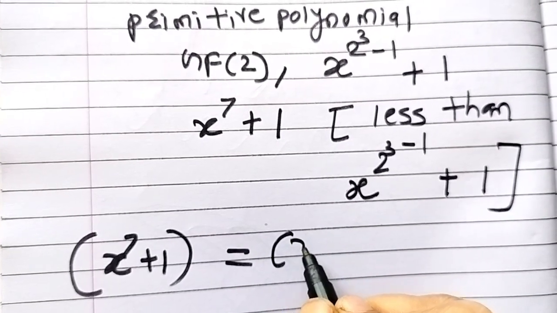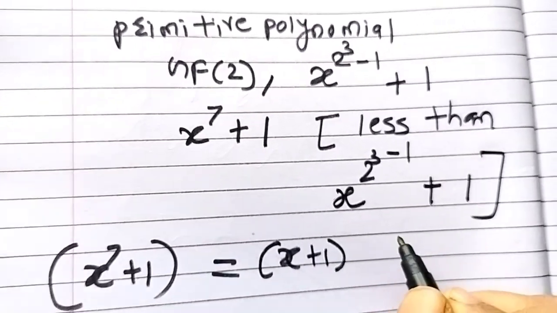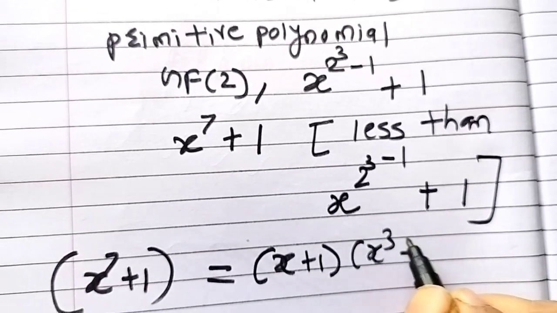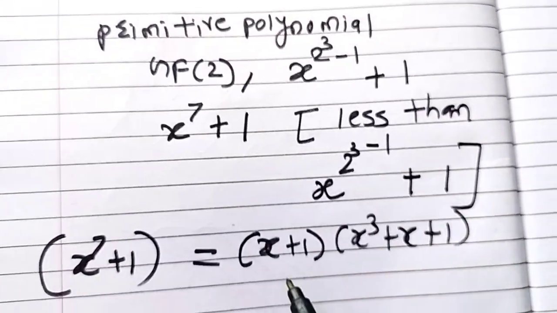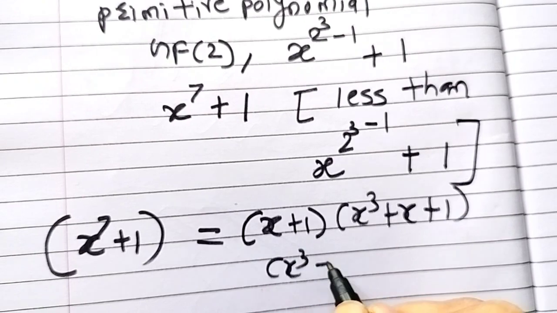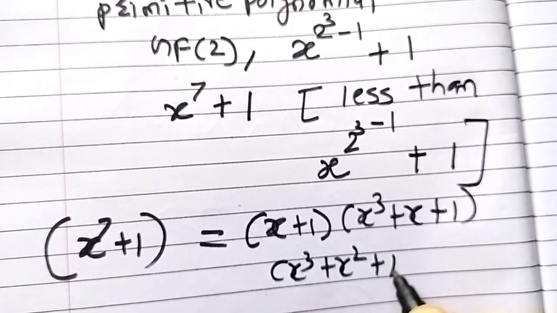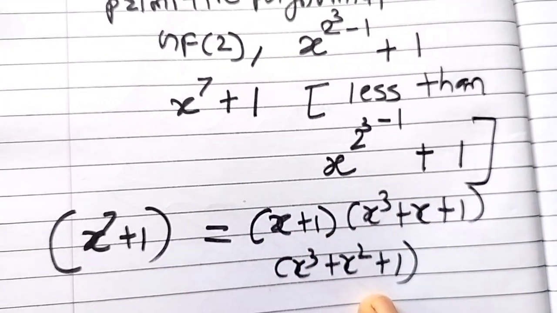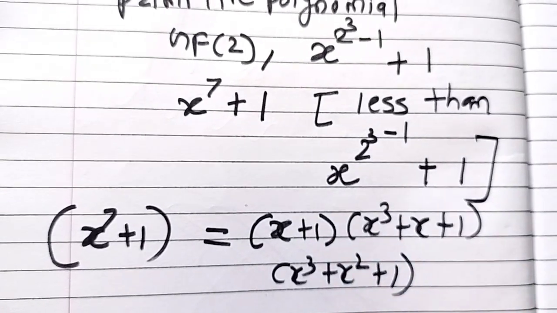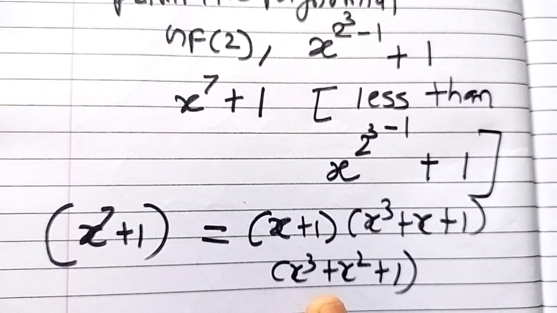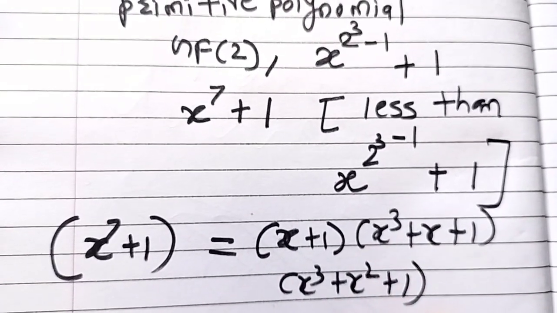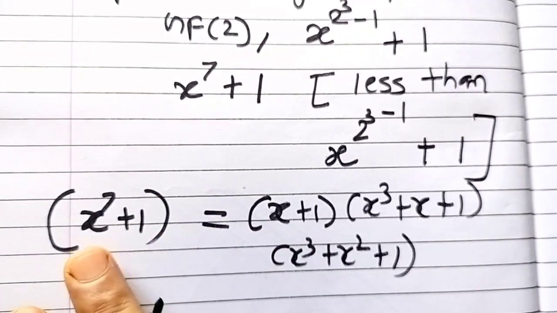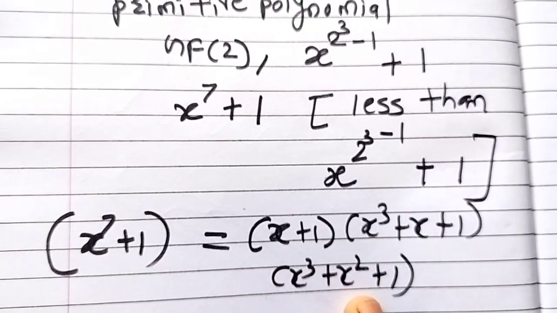The factors are x plus 1, then x cube plus x plus 1, and x cube plus x square plus 1. How you obtain these factors, we will cover in the next video, because otherwise the video length will increase. If you factor this, you will get these factors.